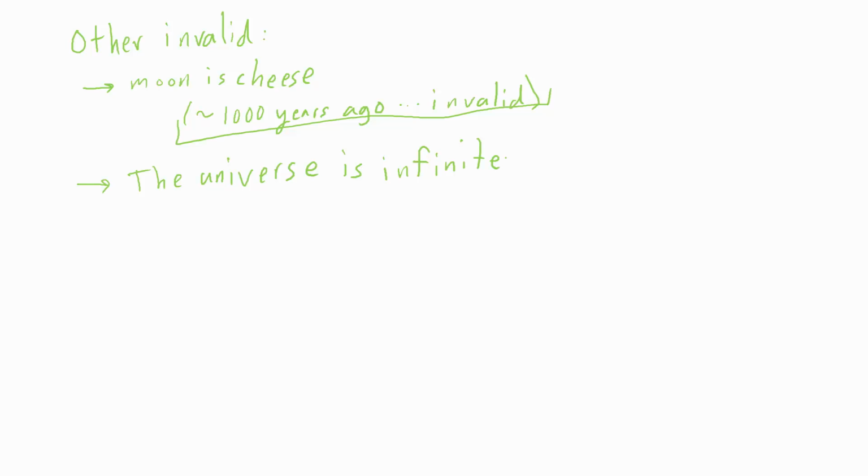And we can't currently go far enough away to find an actual edge to it. So this isn't testable at the moment. We could try to test it by looking as far as we can. We could try testing it by sending out probes as far as we can. But in reality, we don't have the technological ability to determine whether or not the universe is actually infinite or not at the moment. Perhaps in the future we will, but not at the moment.